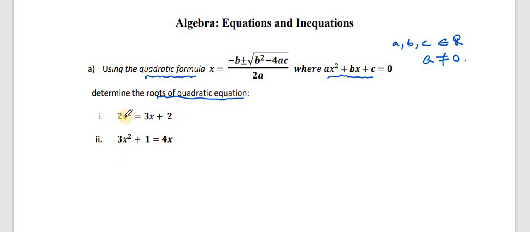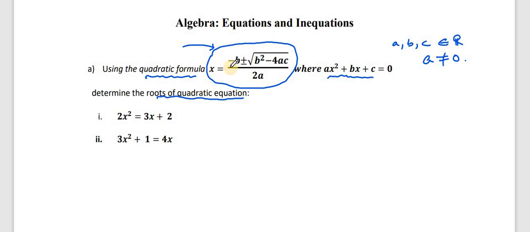Now you might be saying, but I thought we're not working with those that have a number higher than 1 before the x squared. I thought we just have 1 before x squared. But the thing is, we're using this formula, so we're not focusing on factorizing. If you can factorize, you can use the factorization method and solve, but not all of them can be solved by factorization.